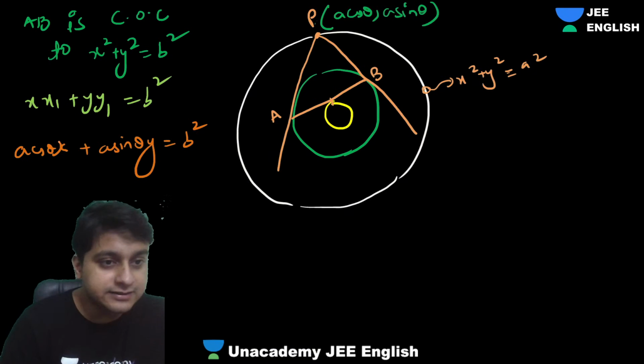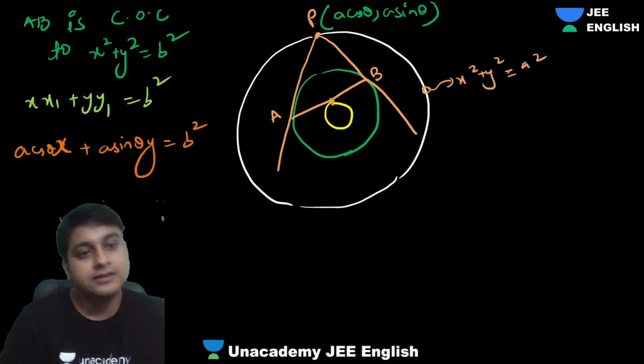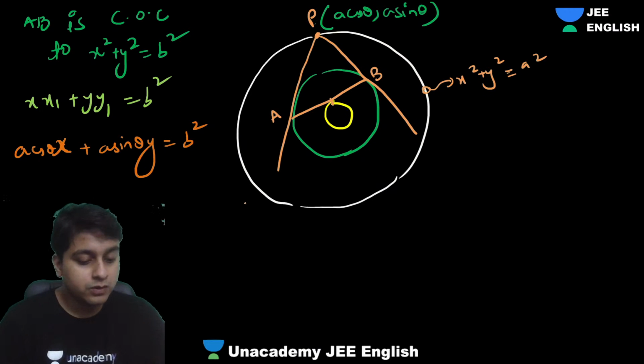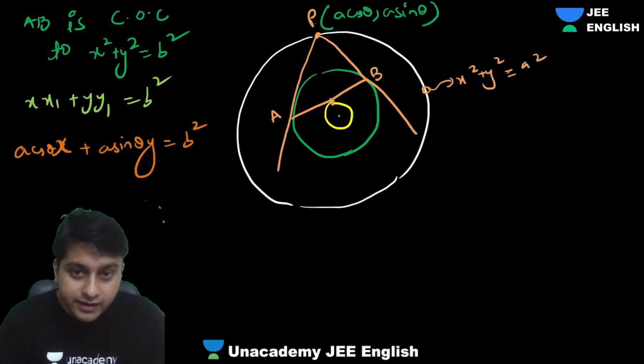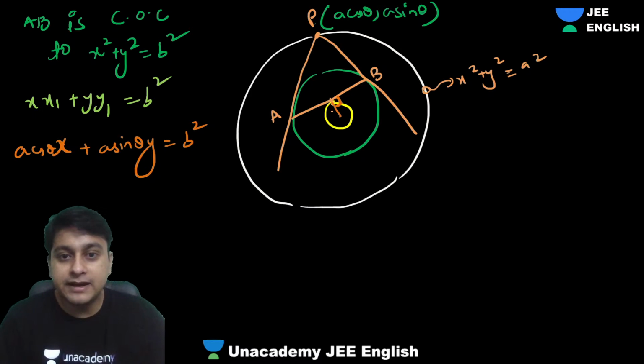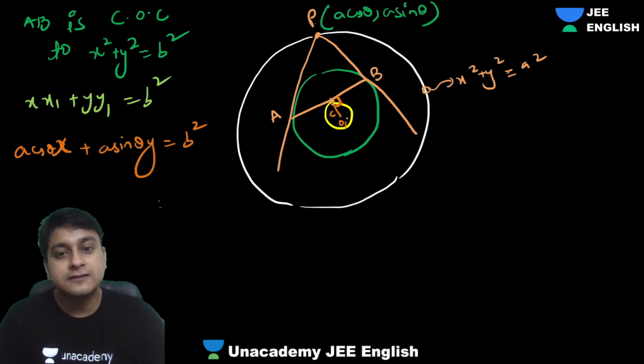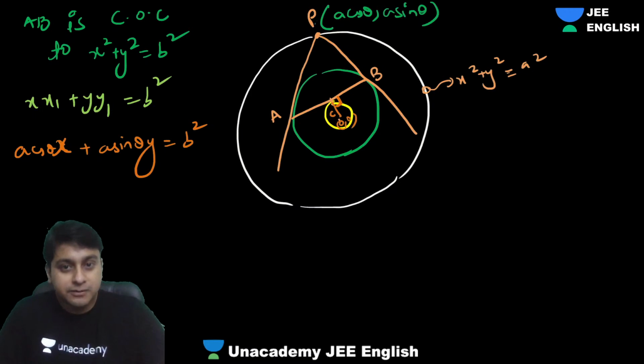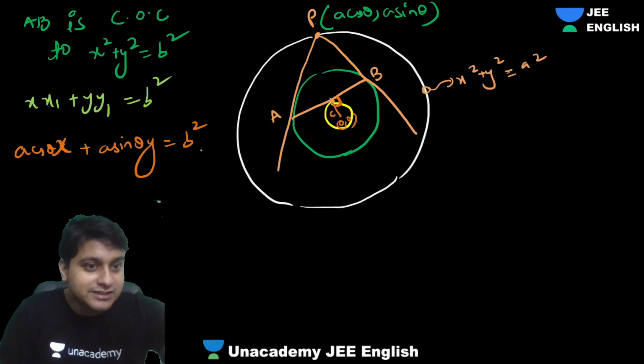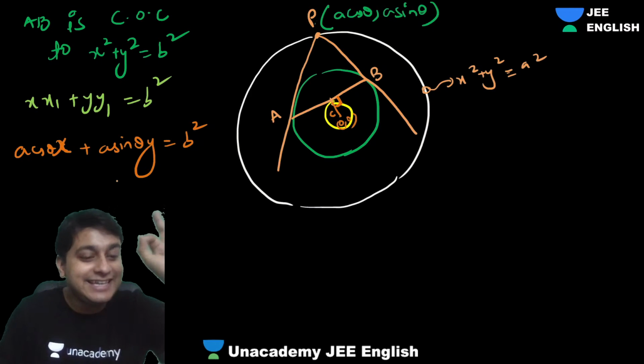Now guys, this is the equation of the chord of contact. Now the best thing is, from the center of the third circle, this is a tangent to it. Can I say that the perpendicular distance from the center, that is origin, to this line will be c?